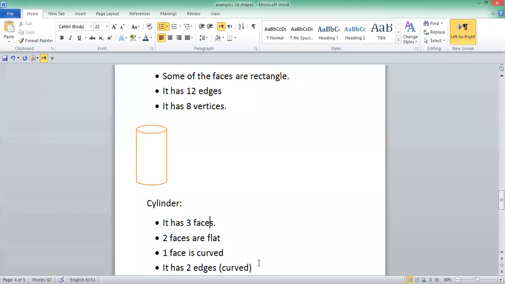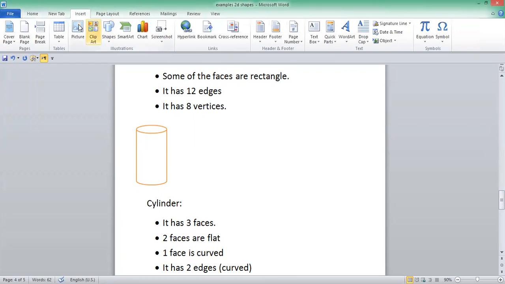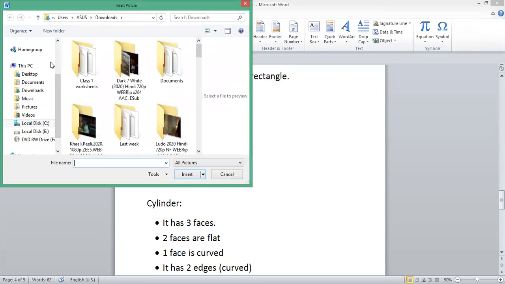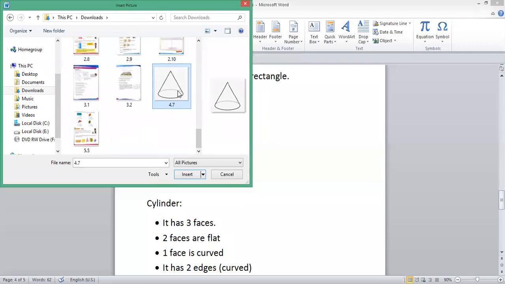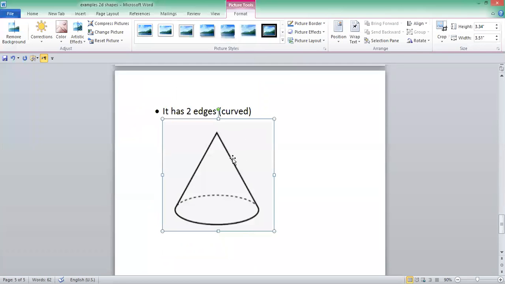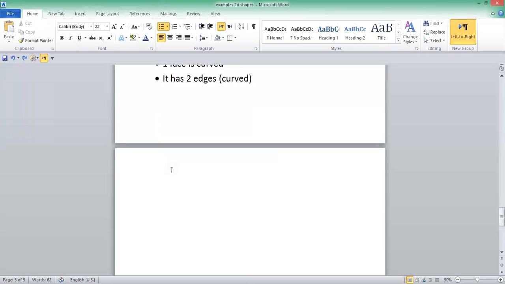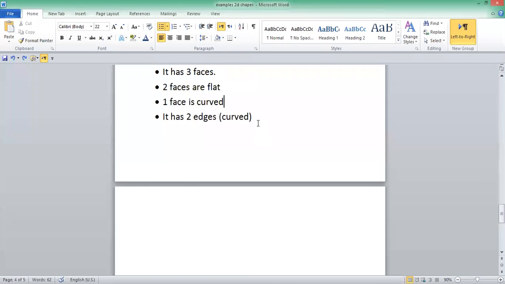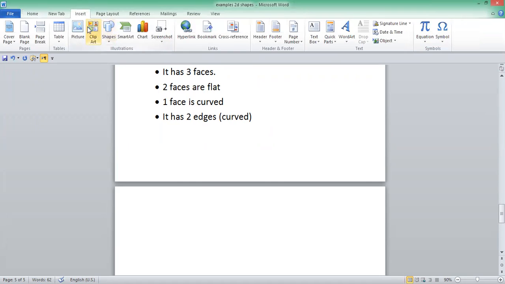The next shape is cone. The next shape we are going to study is cone. This is a cone. This is the picture of a cone.